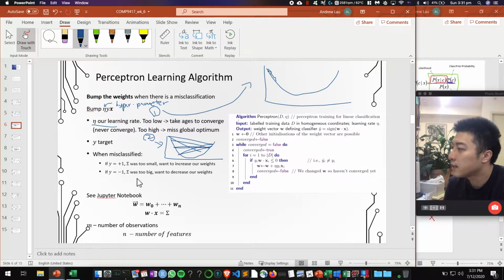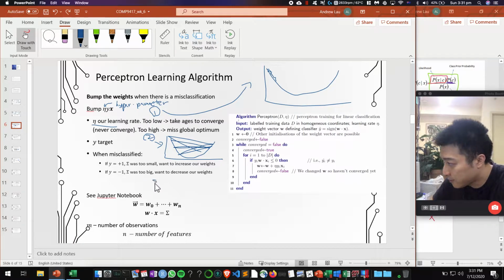Okay, so now with the training algorithm, let's recall the training rule. If your activation is greater than or equal to 0, then your y hat is 1, your prediction is 1. If the activation is less than 0, then your y hat you set to, let's say, -1 in this case.